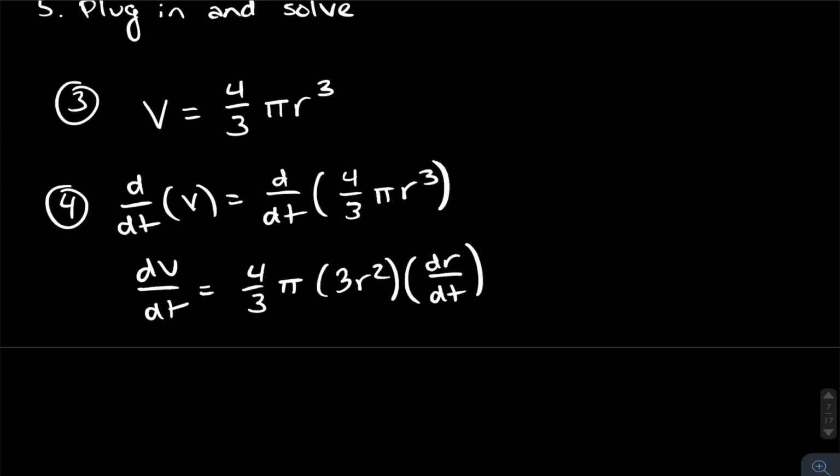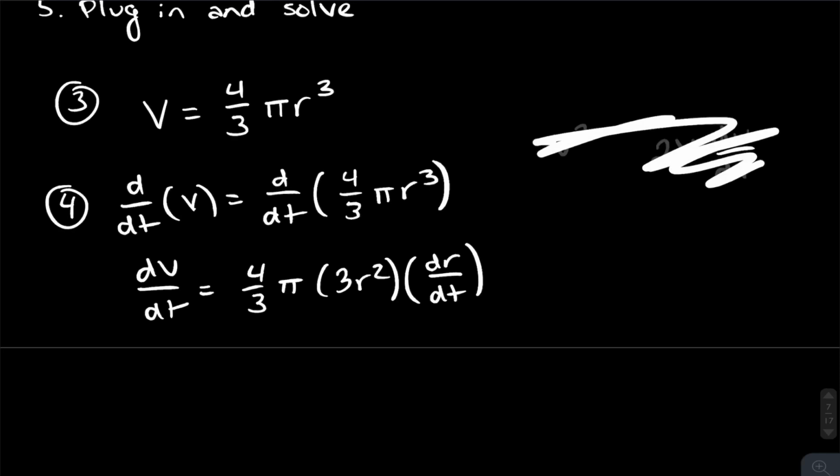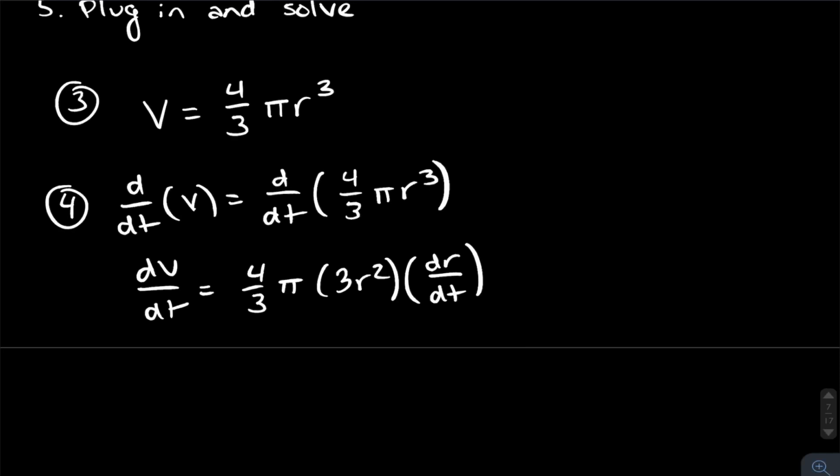That's part of taking that derivative of r cubed. If we had v squared and we were taking the derivative of that, we would get 2v times dV/dt, right? We always have to have that in there, because that's the derivative of the inside.